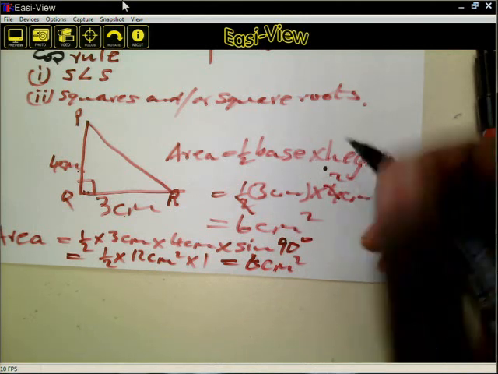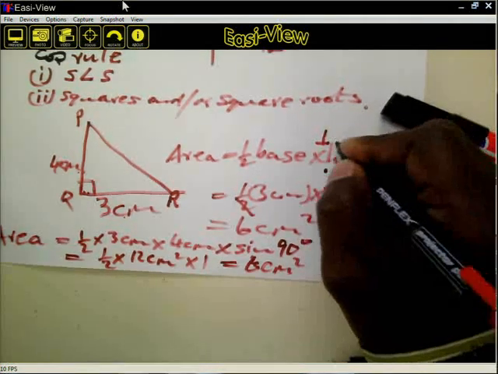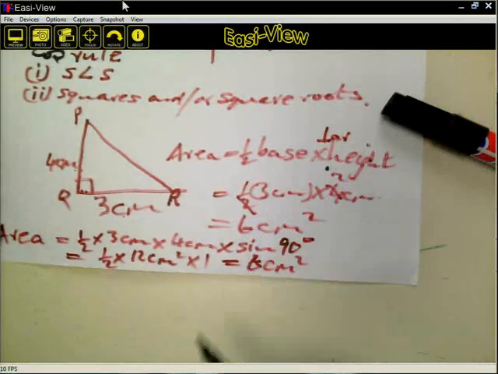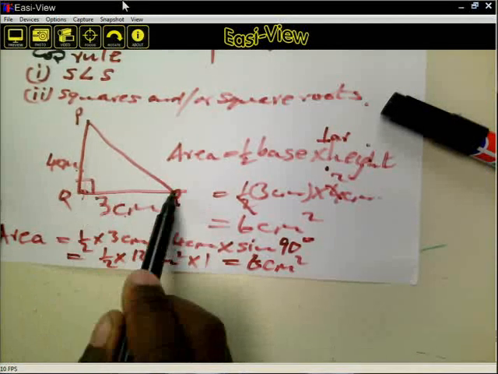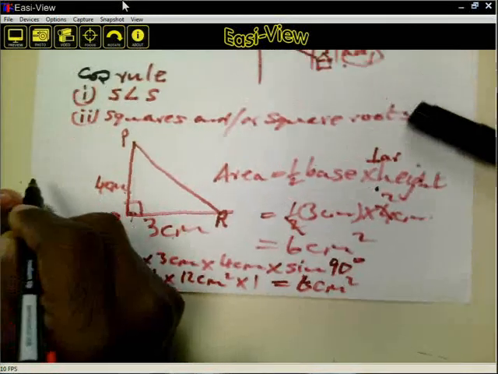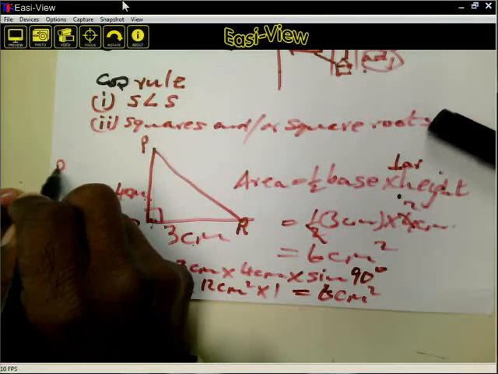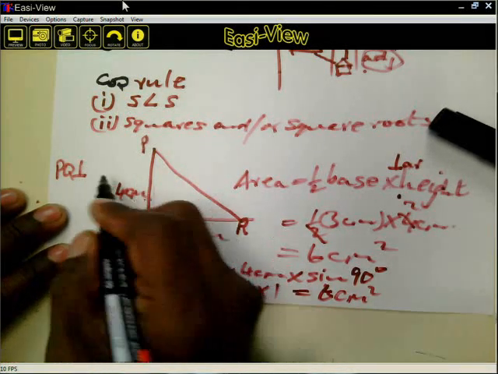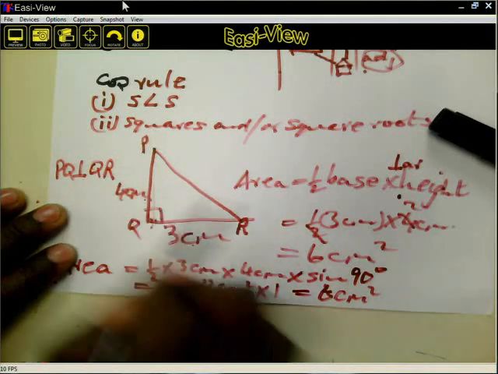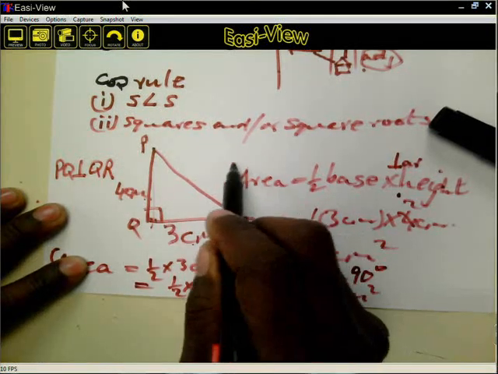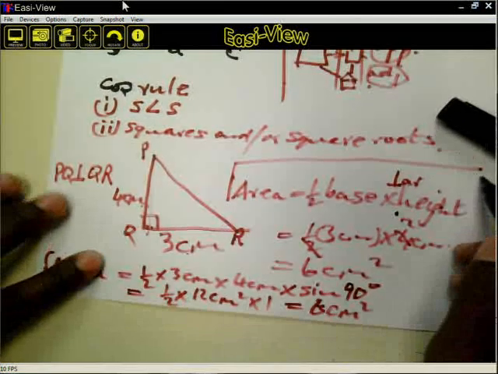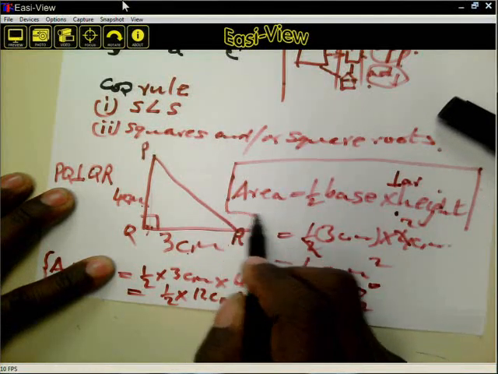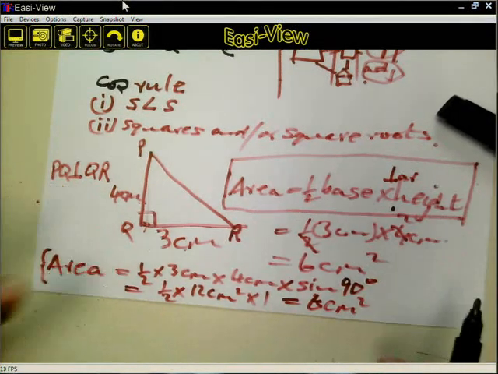Perpendicular height necessarily means that this and that must be perpendicular to each other. In other words, it means that PQ must be perpendicular to QR in order for you to use the area rule, or rather the area of a triangle in the form half base times height.